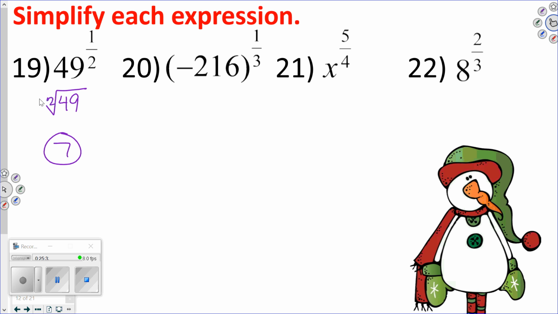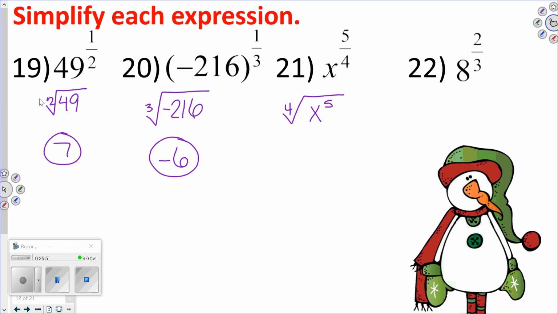Okay. Could you type that in your calculator? You could. So number 20, negative 216, notice it's in parentheses there, to the 1/3, which just means the cubed root of negative 216, which is negative 6. X to the 5/4 means the 4th root of x to the 5th. Can I take a group of 4 from there?